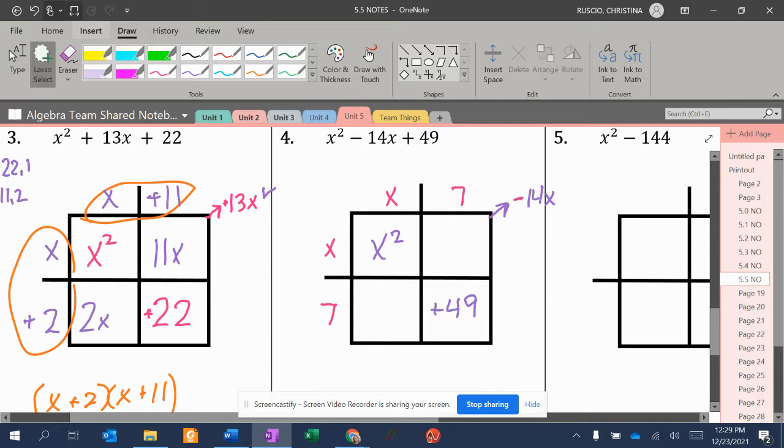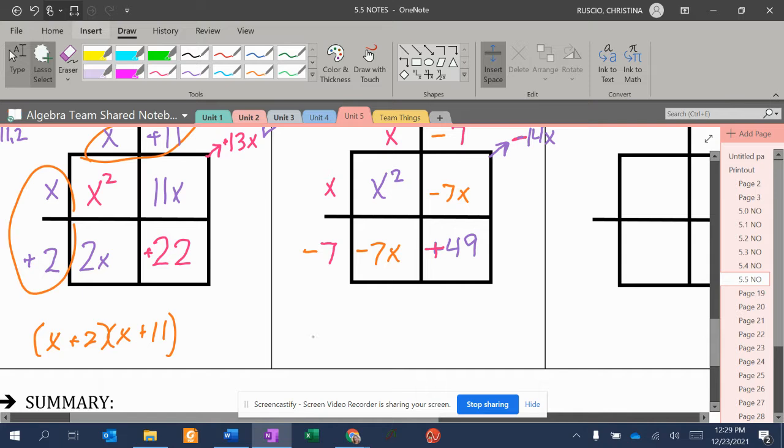But somehow they have to add to this negative here. But they multiply to a positive? Oh, both of the signs have to be negative. So negative 7x grouped with a negative 7x is negative 14x. That's a check mark. It kind of looks like a V. So my final answer is x minus 7. Remember, we're taking it from the outsides. All times x minus 7.